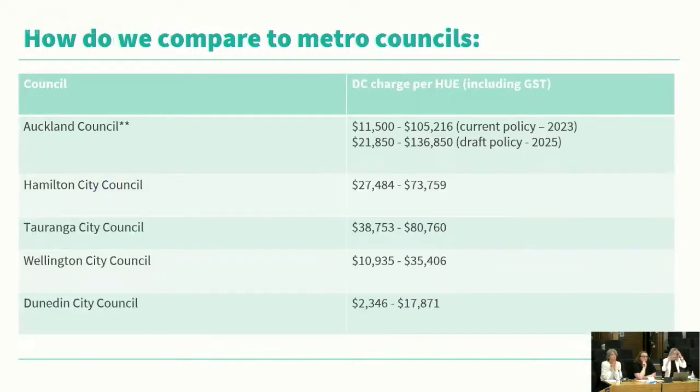So in terms of how we compare with other councils, the data on your screen is the averages for the other metro councils. One thing I'll note is these aren't apples to apples comparisons. Councils are making different decisions around how they provide for growth, and have different growth projections within their district.